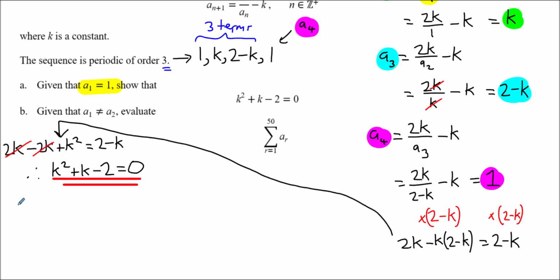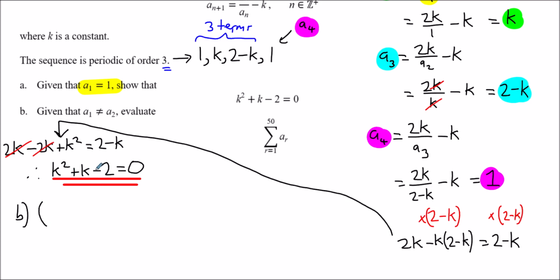Part B, we're told that a1 is not equal to a2. So we now need to evaluate the sum of the first 50 terms, from the first to the 50th. Here we now know what k has to be based on this quadratic. If we factorise or solve, you can Classwiz it if you want to, it doesn't matter which way you go around it.